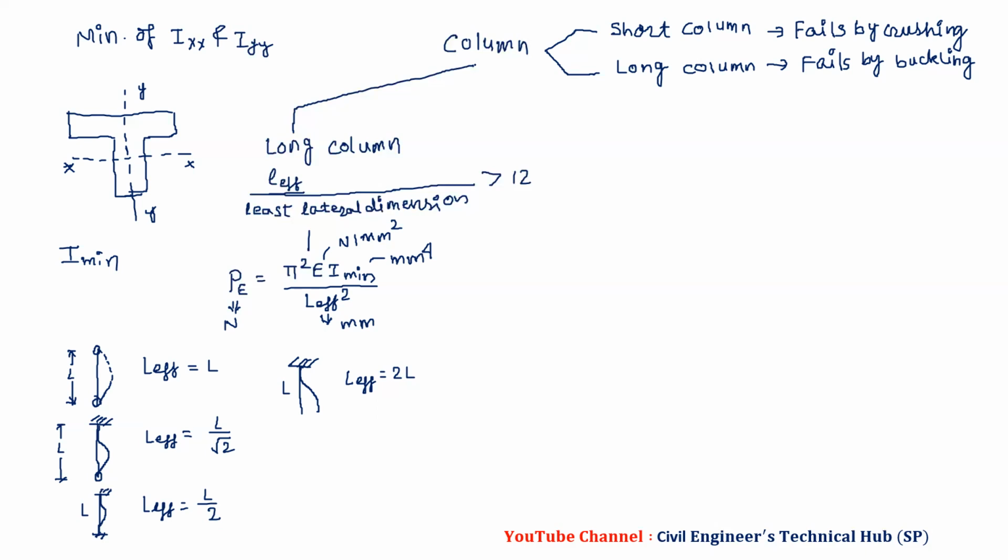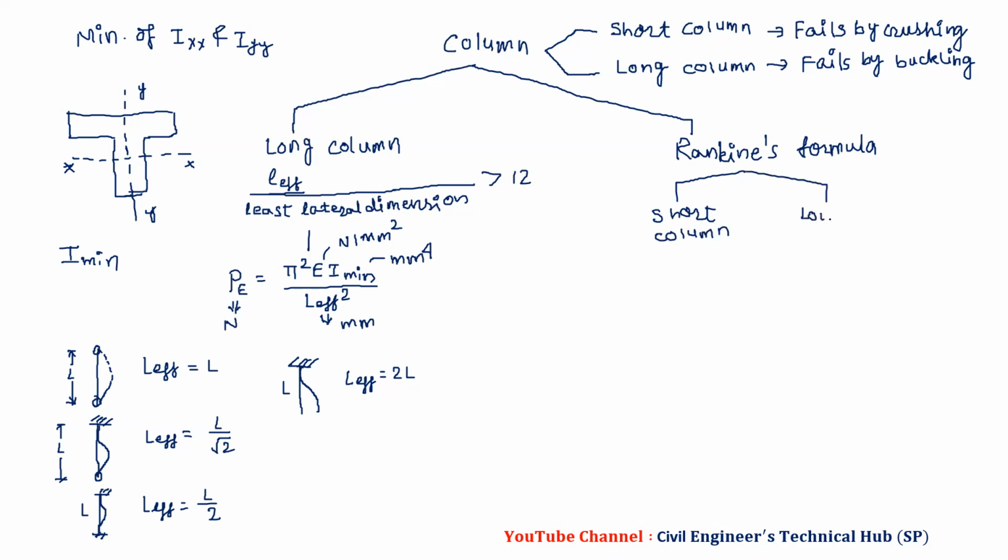Then we have second formula, which is Rankine's formula. And this formula is applicable for both. We can use it for short column and we can use it for a long column.